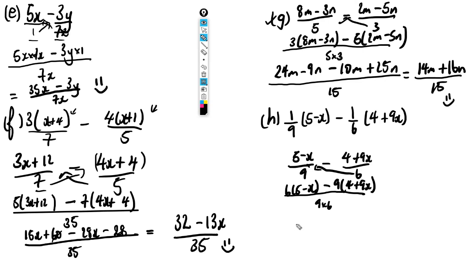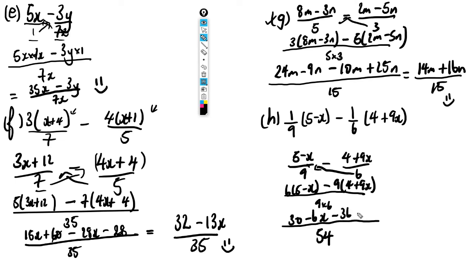And we're going to end up with 9 times 6, if I'm correct, should be 56, right? Yeah, 9 times 6 should be 54. And then we'll have 6 times 5, which will give us 30, minus 6x. Then we have a negative 9 times 4, which is negative 36.